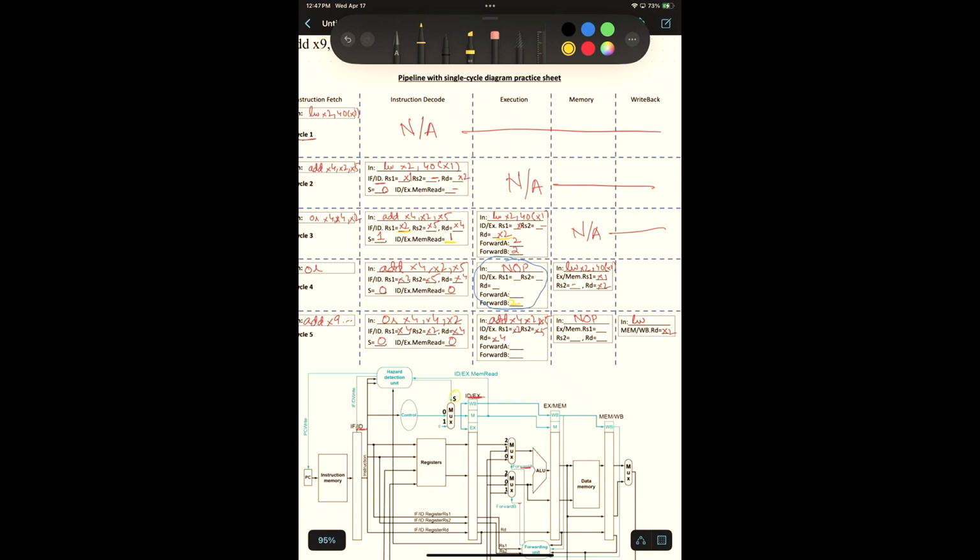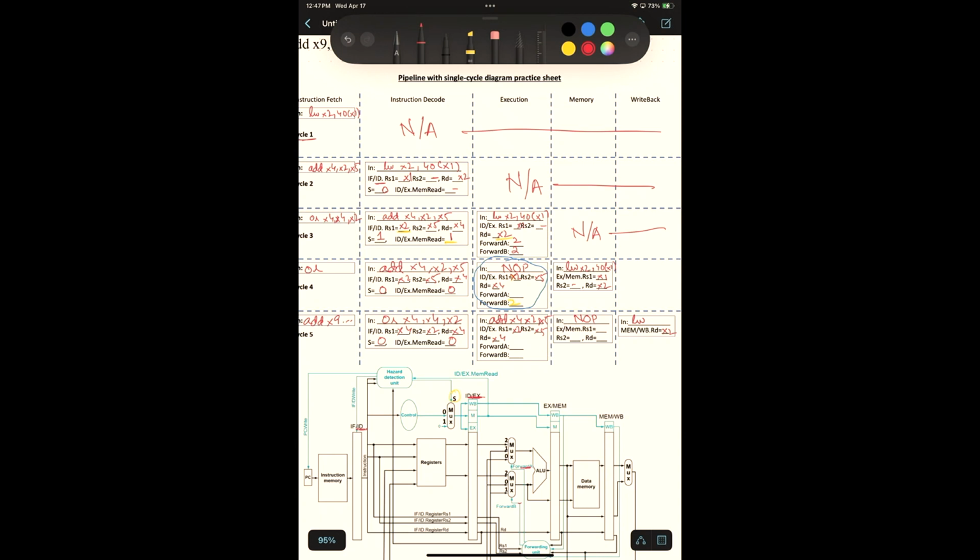See the next instruction. The instruction in the memory phase has an RD X2, and the NOP instruction has RS1 X2. Let me write: X2, RS2 is X5 and RD is X4. Although it's a no operation instruction, there must be some values because the forwarding unit will be playing its role. It has to select some values.